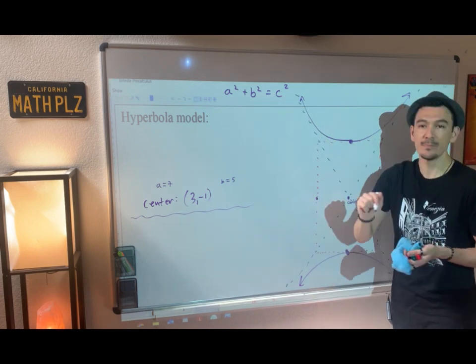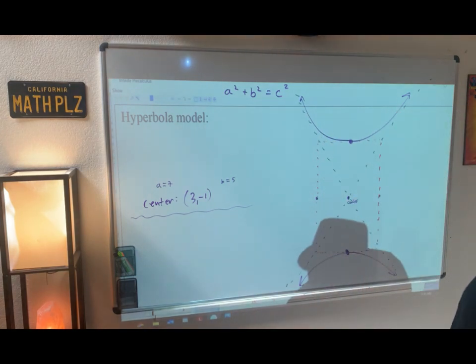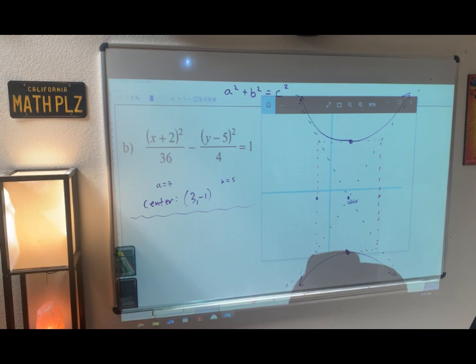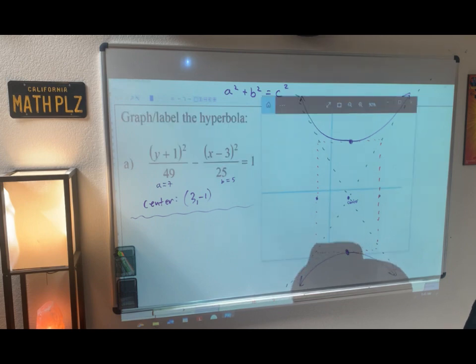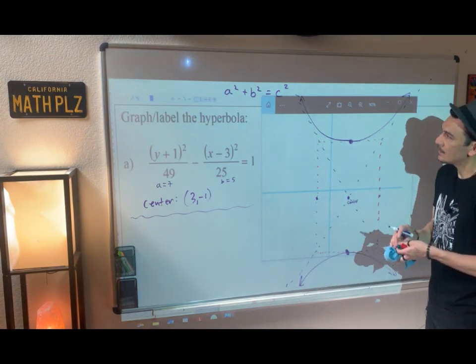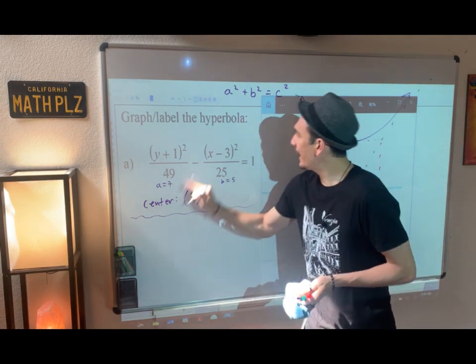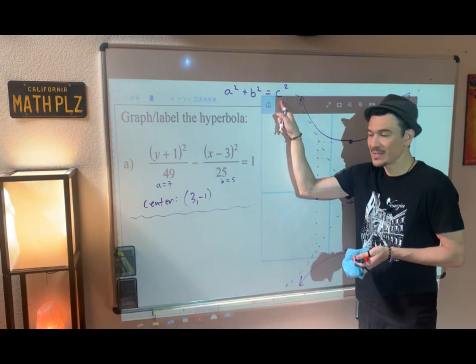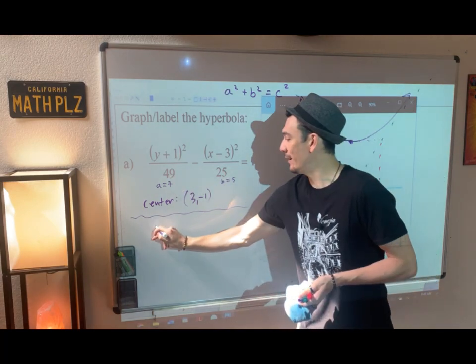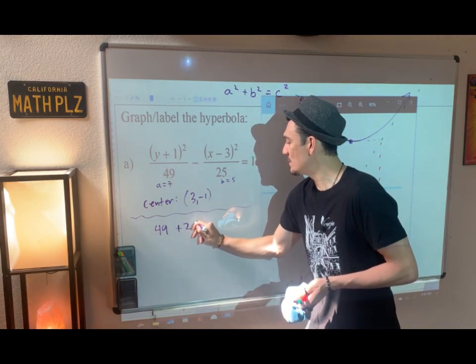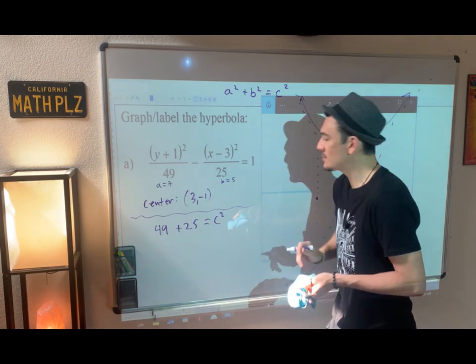A squared plus b squared equals c squared for the hyperbola. And so as we were over here, now we can find c. So we know that a squared plus b squared equals c squared. So we have a squared, and we have b squared, and this is going to equal c squared.